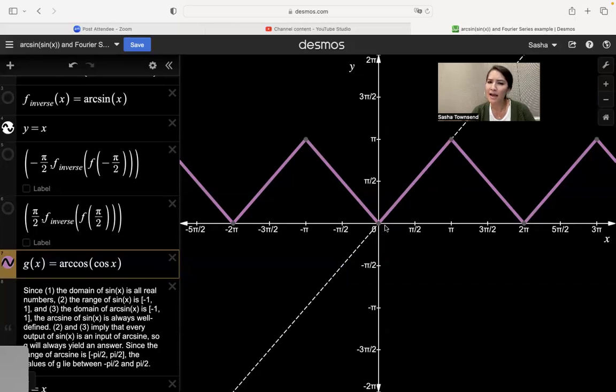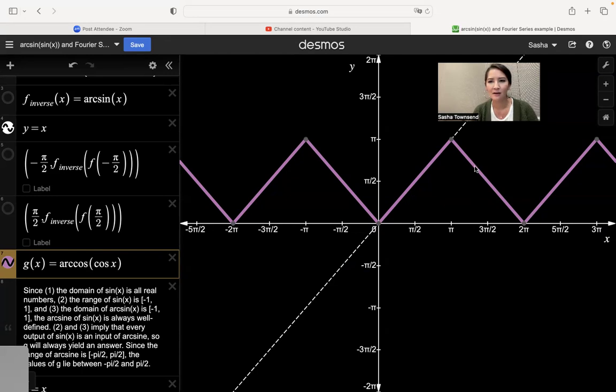And then you say, okay, but what happens outside of the interval from 0 to pi? Again, we do that same thing. If I look at, let's say, 5 pi over 4, I say, well, what's the cosine of 5 pi over 4? It's negative square root of 2 over 2. And then I say, what is the arc cosine of that? I'm looking for the angle whose cosine is that value that lies between 0 and pi.